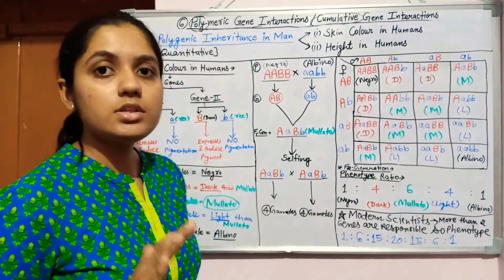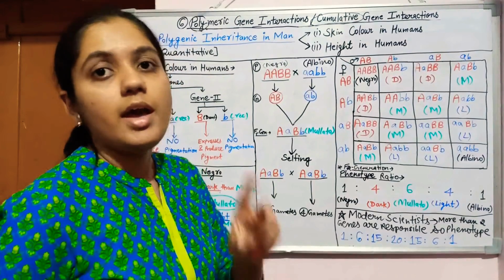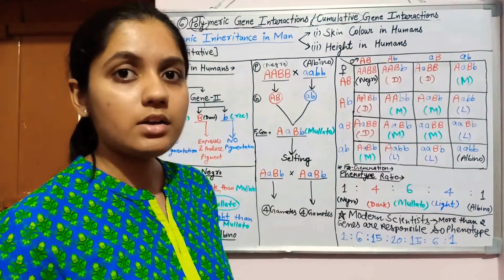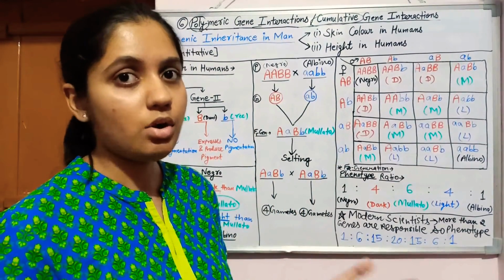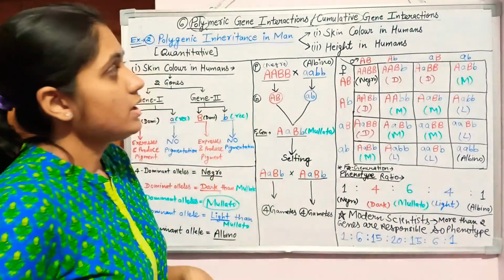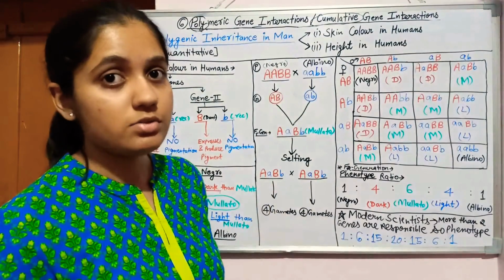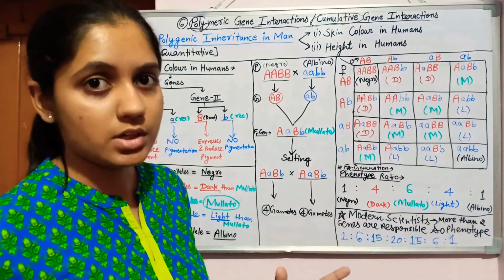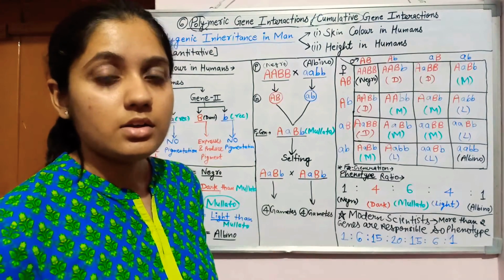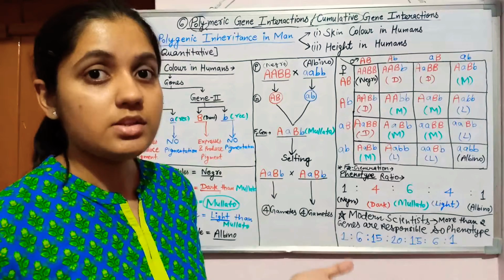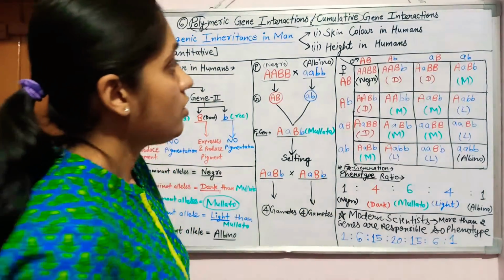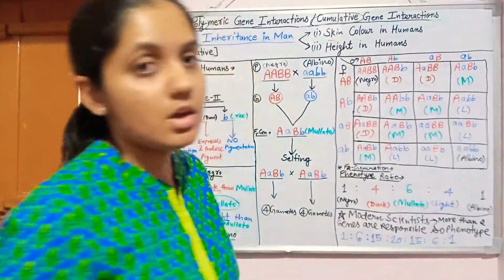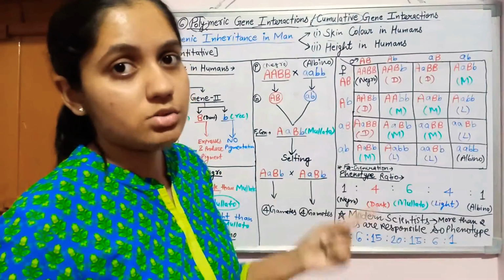You know that in the discontinuous variations, every trait has two contrasting forms of a character. So it is fixed that this thing has either this character or that character. But in the continuous variations you can see a very large range of characters present. So it is not fixed that this thing has either this character or that character. Skin color in humans and height in humans are examples of continuous variations.